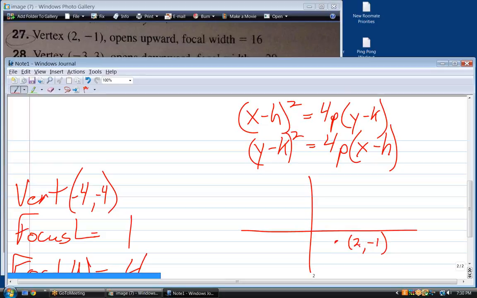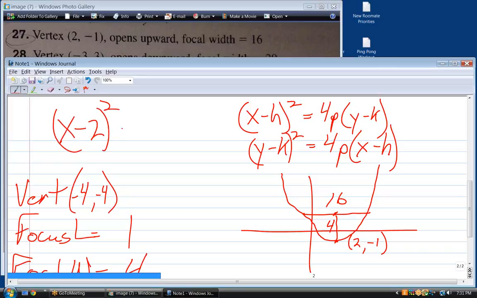Opens upward, has a focal width of 16. So whatever our focus is, this distance here is 16. What does that make this distance there, the vertical distance? 4. Okay. So that makes P equal to 4. That's all we need. What's our equation? (x minus 2) squared equals 16 times (y plus 1). You got it.